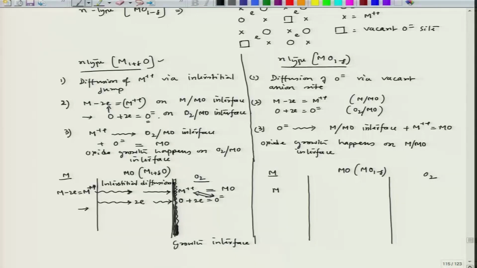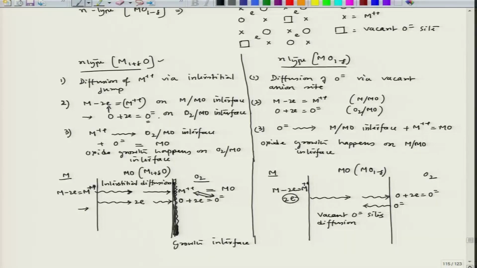Here the metal loses electrons and forms M2+, which stays here because we do not have any missing sites or cation interstitials. Now, the 2 electrons will migrate to this surface and combine with oxygen to form O2-. This O2- will migrate from the metal oxide–oxygen interface to the metal–metal oxide interface via vacant oxygen site diffusion.